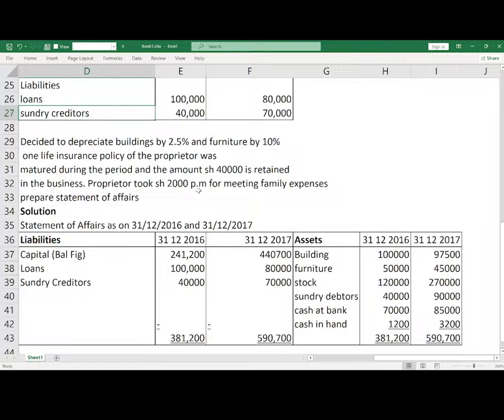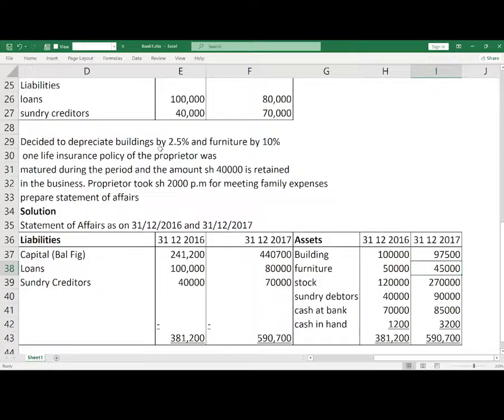Then you subtract it from the 100,000 and you get 97,500. Then you have to get the 10% of 50,000, which is 5,000. You subtract, you get 45,000. So that we get the depreciation amount for each.